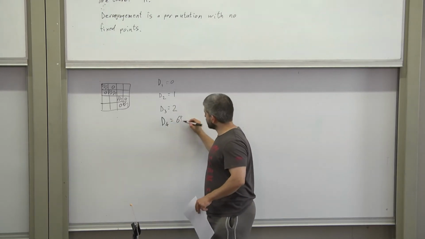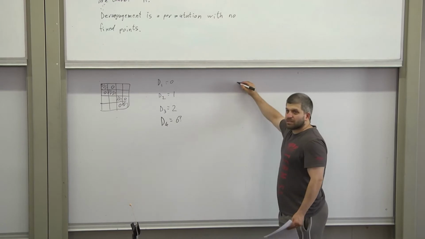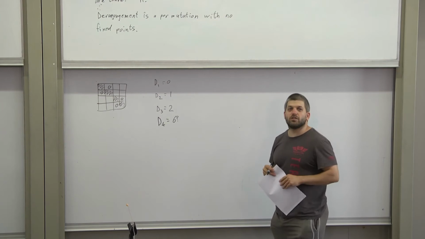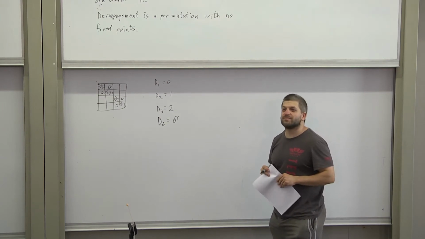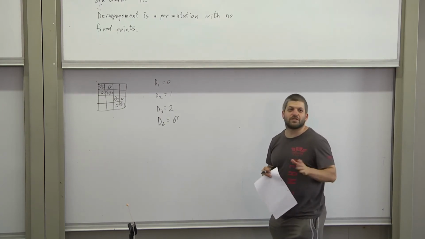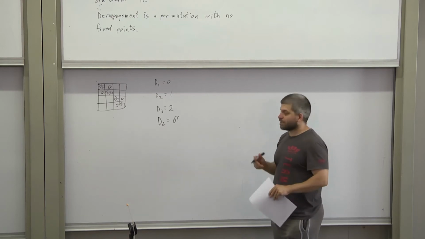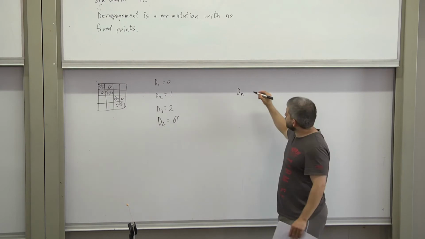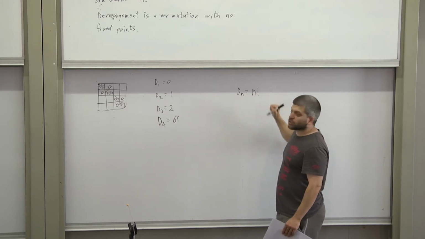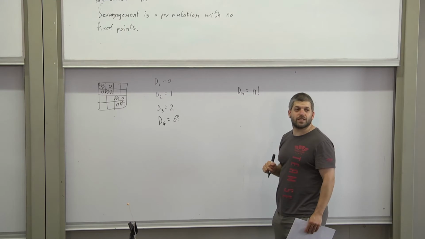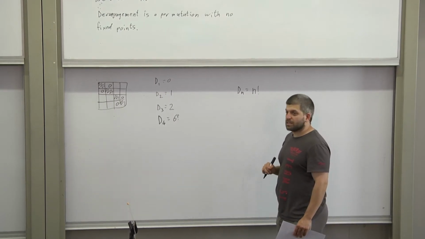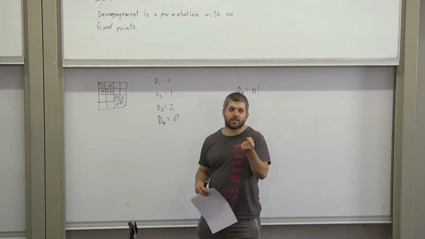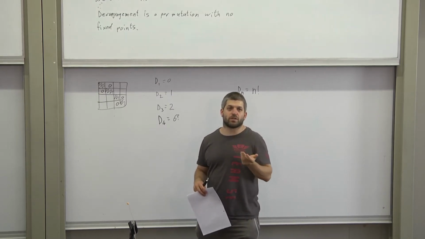Let's go for a question, I think. Who's heard of inclusion-exclusion? Okay, so you've all heard of it. What we do is we say there are n factorial permutations, we all agreed on that. Now, if 1 ended up being a fixed point, how many of those permutations would there be?